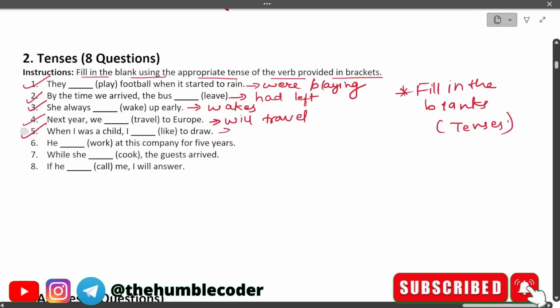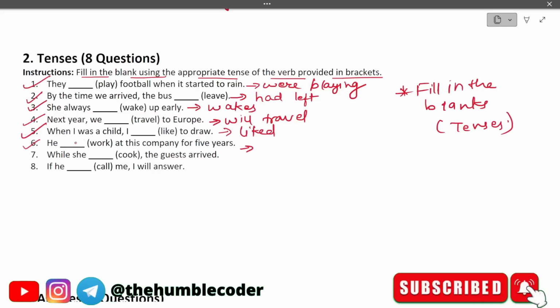So the correct answer in this case will be, when I was a child, I liked to draw. Moving on to question number 6, that is, he ___ at this company for 5 years. The correct answer is, he has been working at this company for 5 years, because he is still working, right? So we have to say he has been working.